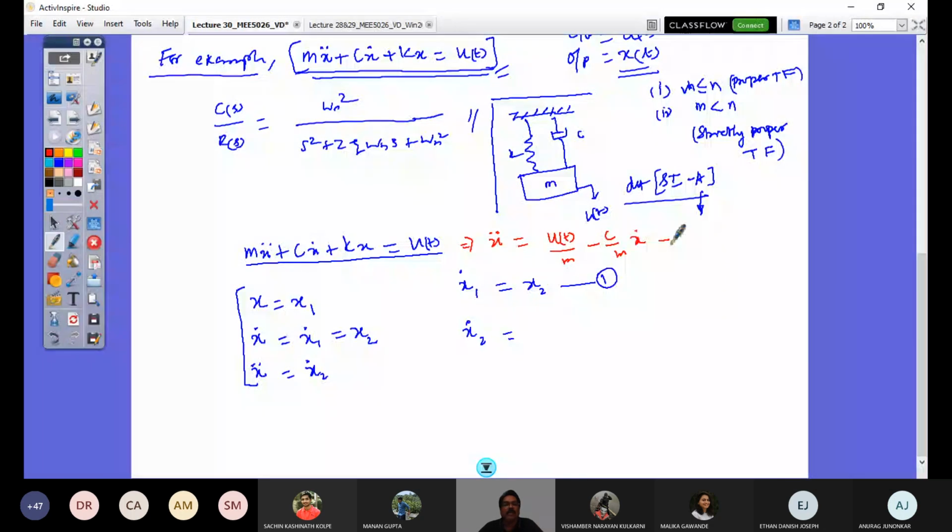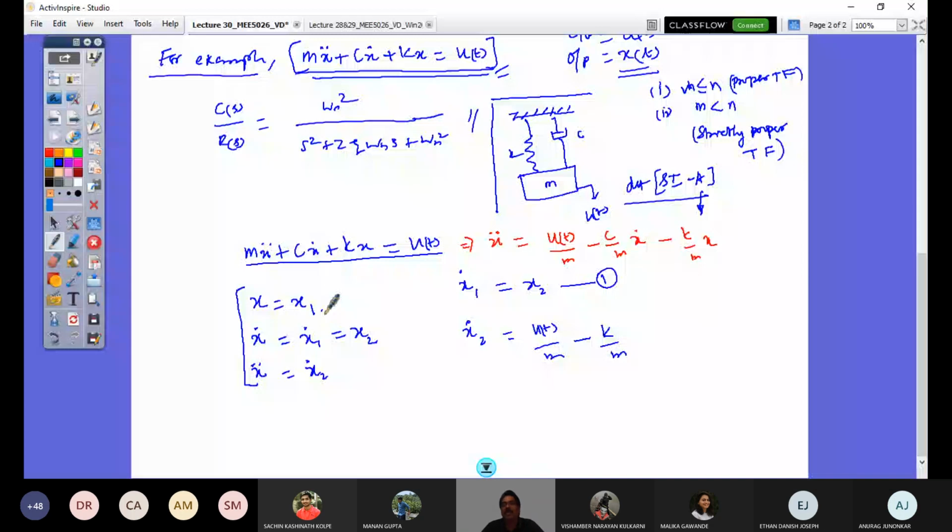I'm going to write this equation as u of t by m, minus c by m, or x is x1. Let me take this term first: minus k by m, x is x1 here, so x1 minus c by m, x dot is x2. So this is my second equation.